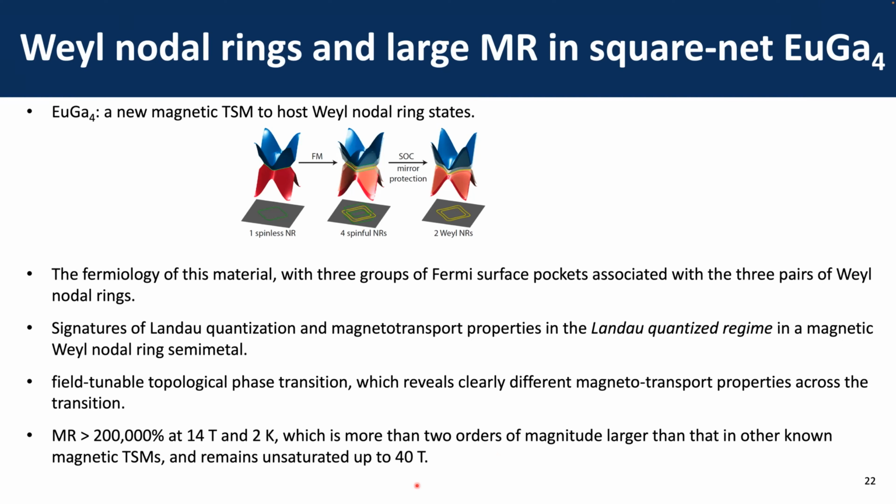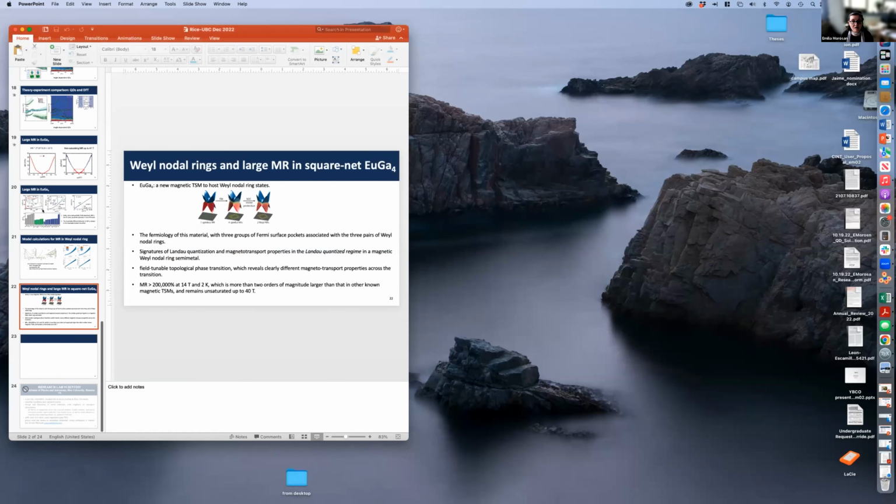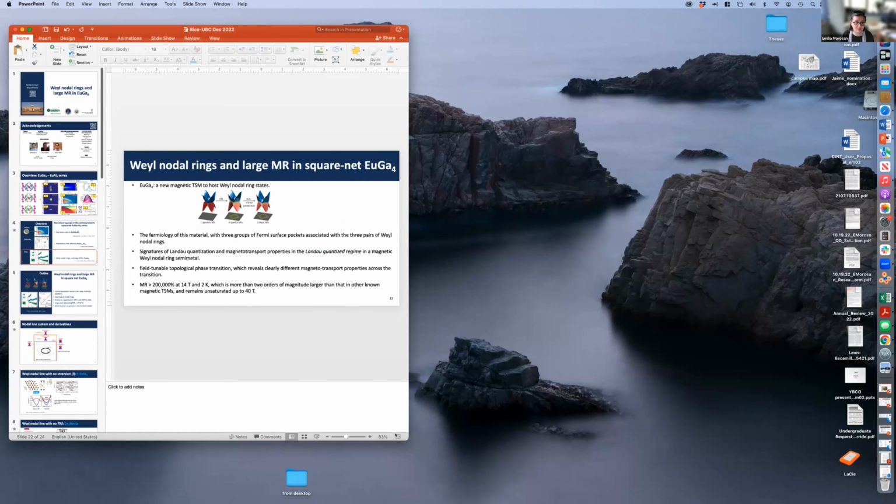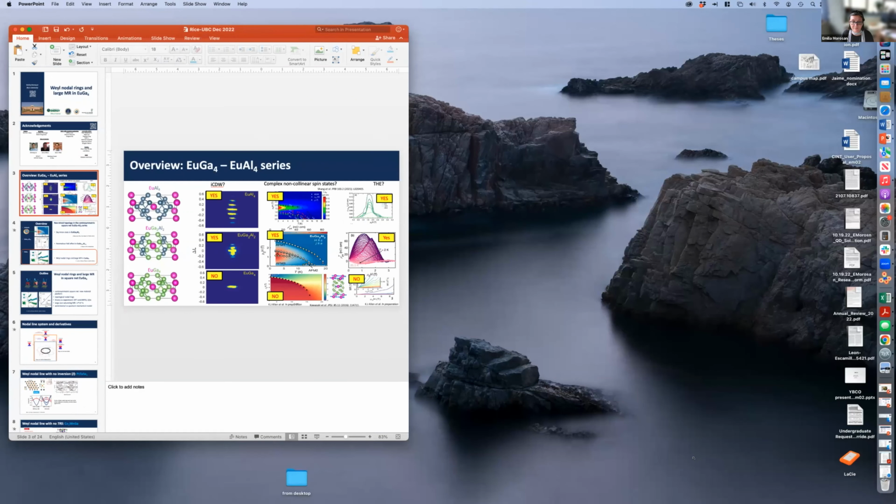I have a question. Do you know any evidence of charge density wave in this material? So the slide that I skimmed over, which summarizes some of the properties, let me see if I can go there. So the short answer is that at ambient pressure, there is no charge density wave in Europium gallium-4, unlike what happens in the rest of the series.